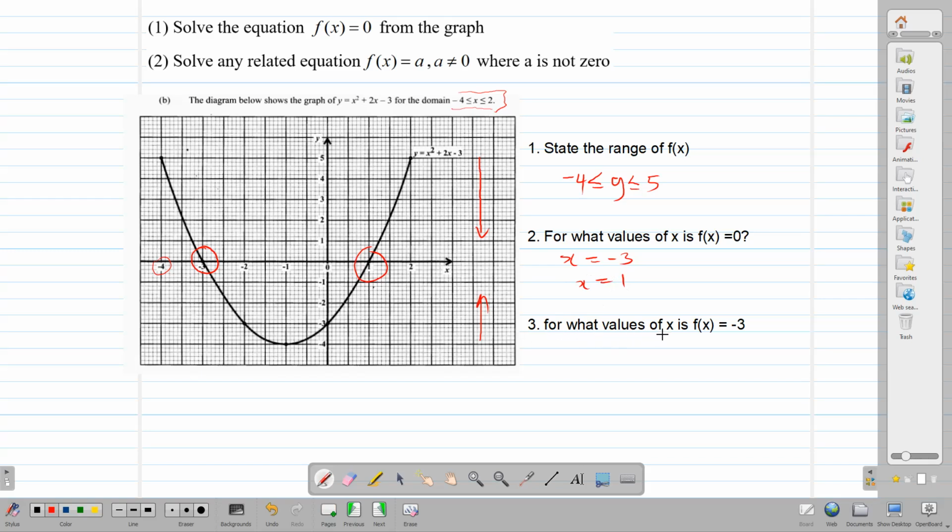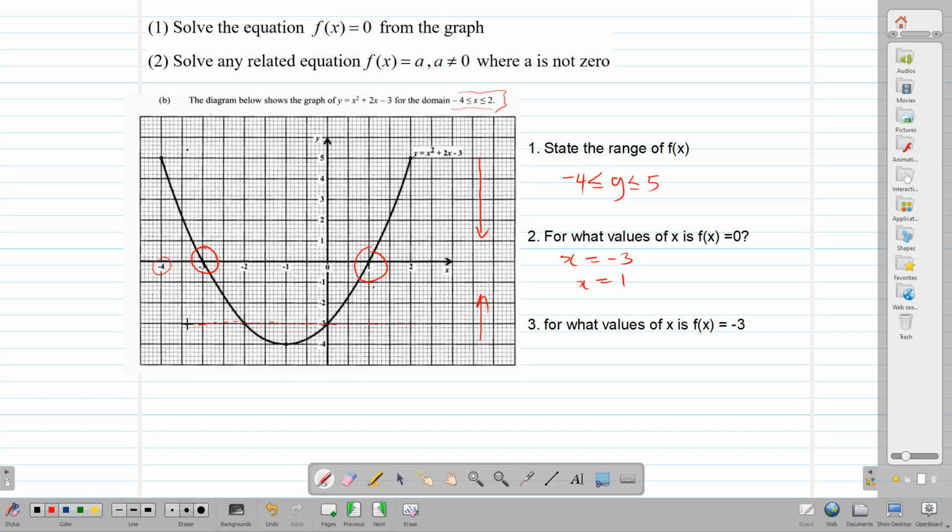For what values of x is the function equal to -3? To answer that question, we need to put a line through -3. So you can use your ruler, make a broken line through -3. Here's -3 on your y-axis. And then we ask ourselves, where does that line intersect with the curve?